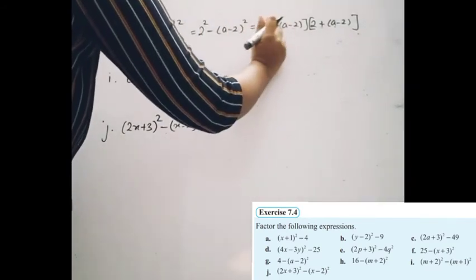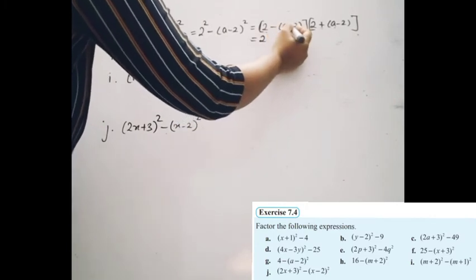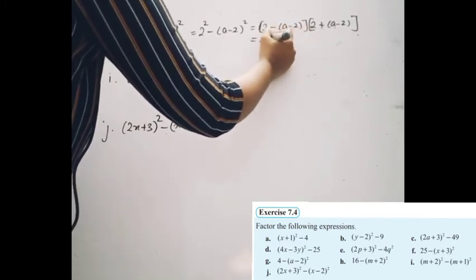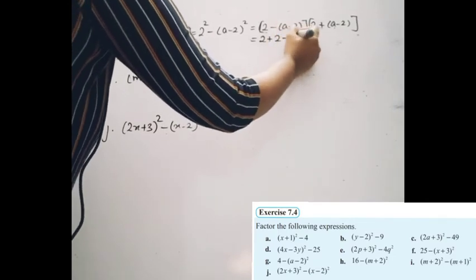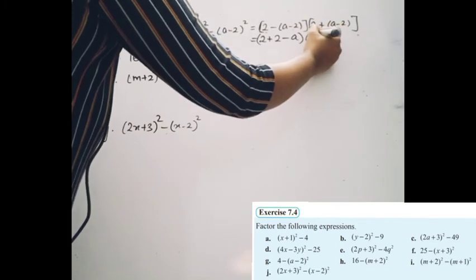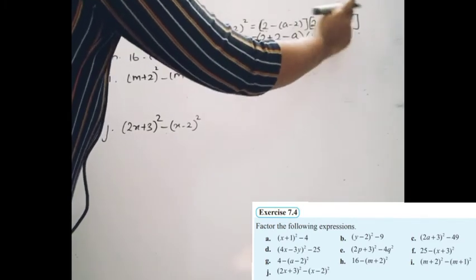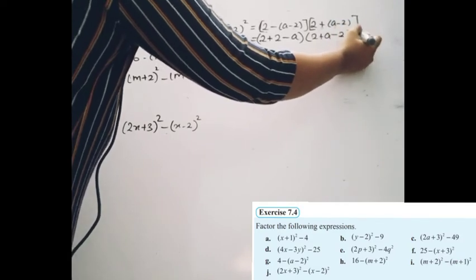Okay, so 2 minus into minus, it becomes plus 2. Am I right? So 2 plus 2 minus into plus minus a. Here 2 plus a, once again plus into minus, it becomes minus 2.